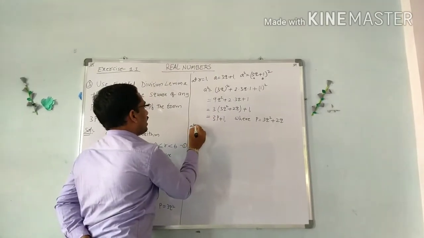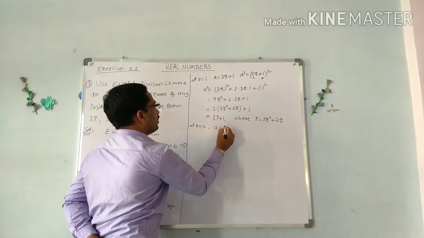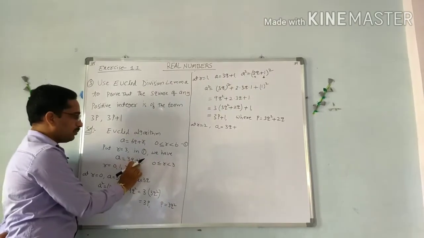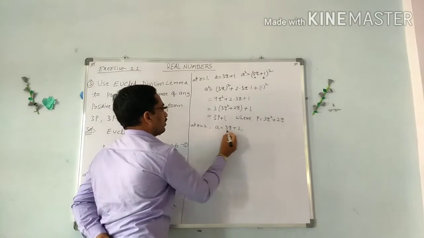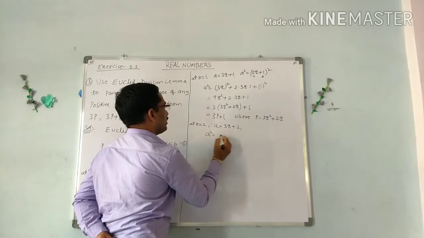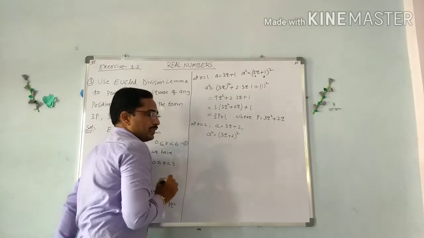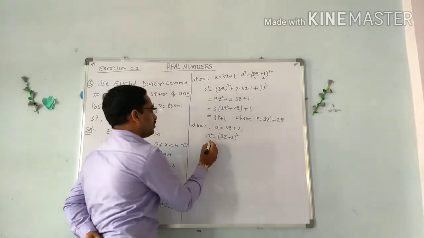Next, at r equal to 2, a equal to 3q plus r value 2. Now again we have to do the square. A square equal to 3q plus 2 whole square. Again it is in the form of a plus b whole square, so we have to expand it.